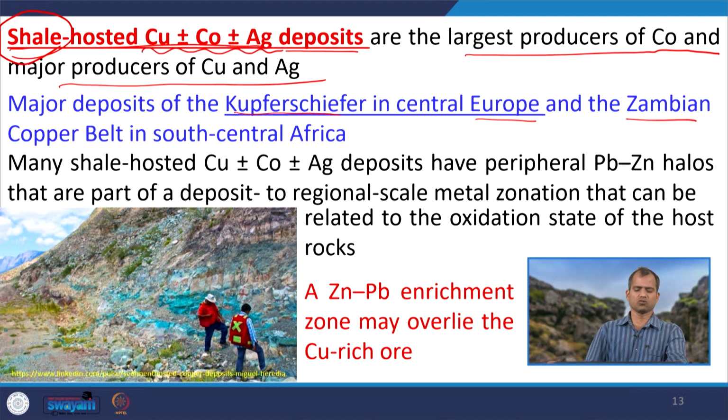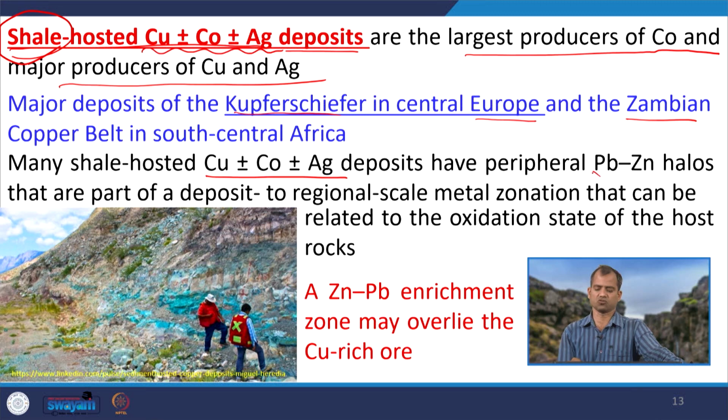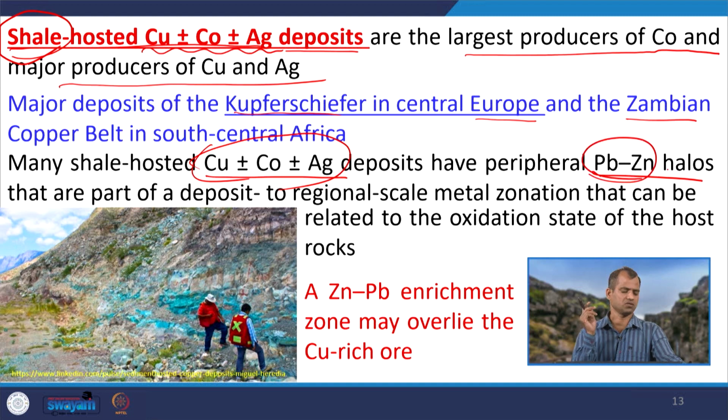Many shale-hosted copper, cobalt and Ag deposits have peripheral Pb-Zn halos. So, that means not only are we getting this deposit, at the periphery we are also getting the Pb-Zn halos that are part of the deposit, a regional scale metal zonation, and that can be related to the oxidation state of the host rock.